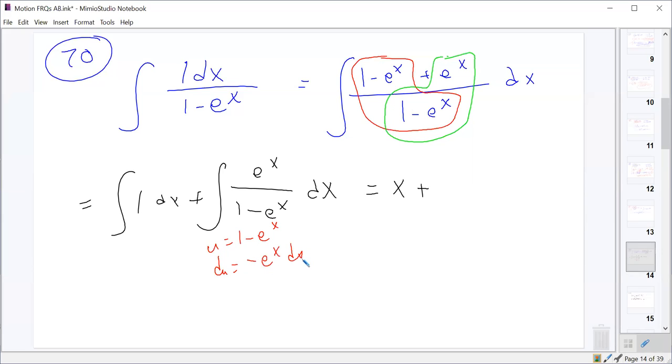Negative e to the x dx, so we'll put in a negative and a negative. So really, instead of having x plus, we should have x minus an integral of du over u, or x minus natural log absolute value u, written in terms of x. Everybody good there? Questions on that?